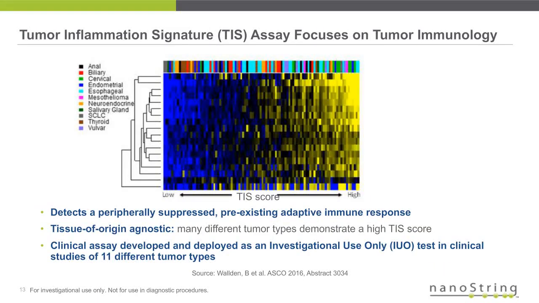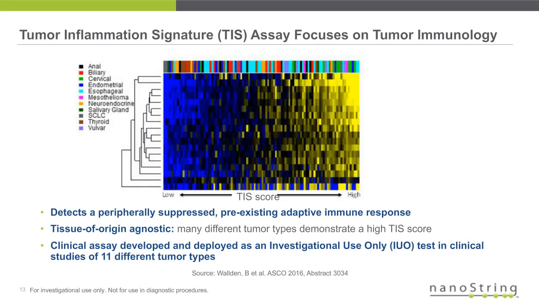I mentioned before that the tumor inflammation signature was a pan-tumor assay, but I wanted to provide some data to support that assertion. So this is looking at the tumor inflammation signature from 11 different tumor types. And each tumor type is indicated across the top of this graph by a different color. And you can see that we've organized these samples from the TIS low to the TIS highest scores going left to right here.